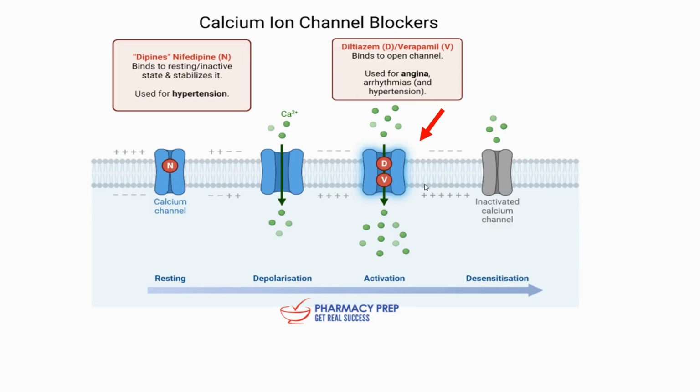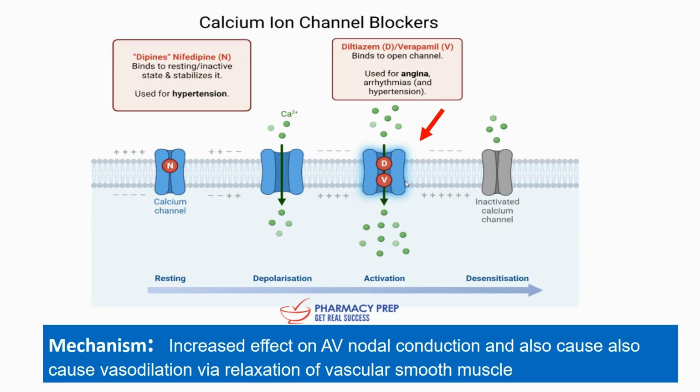As a result, it causes vasodilation. However, the primary effect of these two calcium ion channel blockers, diltiazem and verapamil, is through cardiac AV node conduction. As a result, they do cause bradycardia.